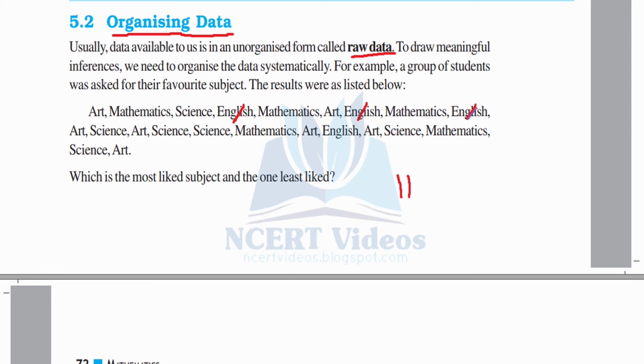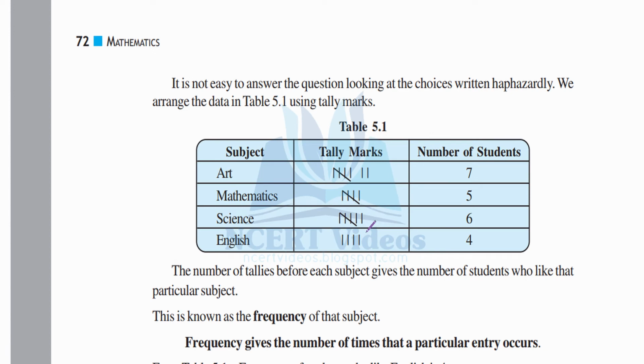Then we have English again, then again a pipe sign. We are cutting it so that we do not read it again. Then we have English, and again we cut it and put another one. We do not see any more English, therefore 4 tally marks. That's why 4 has been written in the case of English.